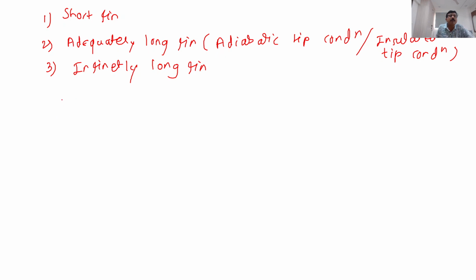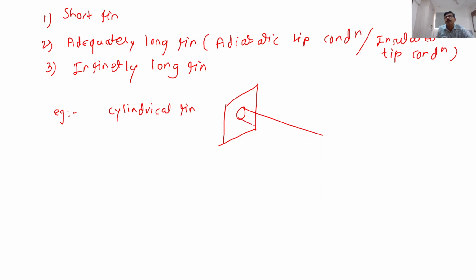Now I will take an example of a cylindrical fin whose cross section is circular. Now look at this. This is the base wall, and on this is the single fin I have shown. This is the base. This is called the tip of the fin.